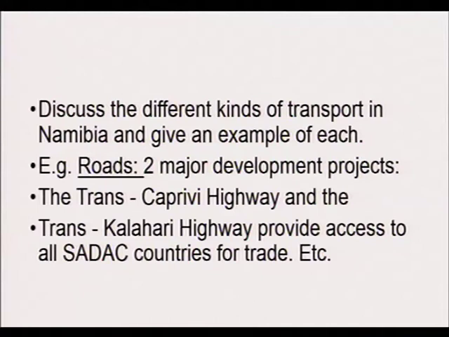For example, roads. There are 2 major development projects, the Trans-Caprivi Highway and the Trans-Kalahari Highway, which provide access to all SADC countries for trade, and so you can go on.